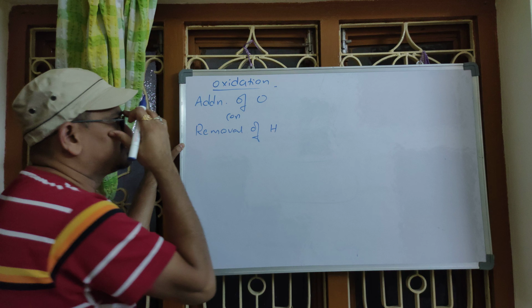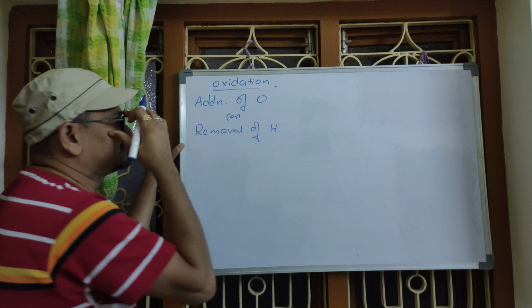Now, when oxygen atom is added, let us take oxygen atom. Actually, it should be molecule because we cannot take oxygen atom, but for our convenience, let us take oxygen atom. See, element A reacts with oxygen to give compound AO.